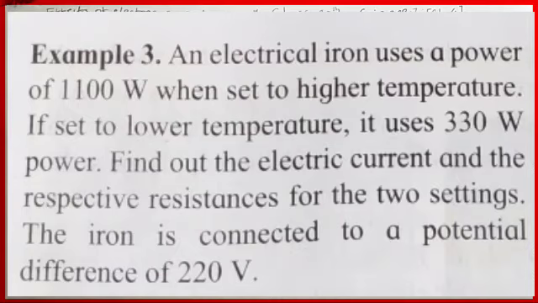So find the electric current and the respective resistance for the two settings. For both higher and lower temperature, we have to calculate the resistance as well as the electric current flowing through the conductor. The iron is connected to a potential difference of 220 volt.